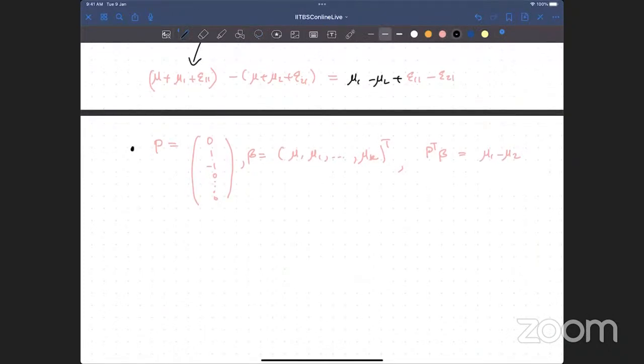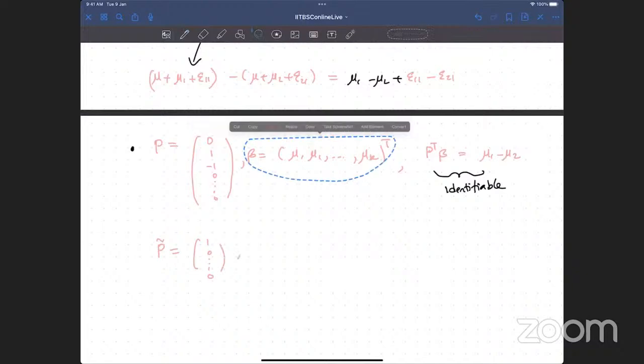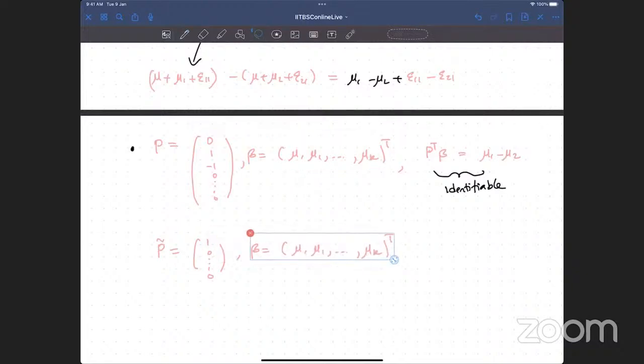In this case, I've shown you that this quantity is identifiable by the above. I've also shown you that this is not identifiable: if I take, let's say, p tilde to be 1, 0, 0, 0, 0, 0, 0, and beta the same, this quantity is not identifiable.